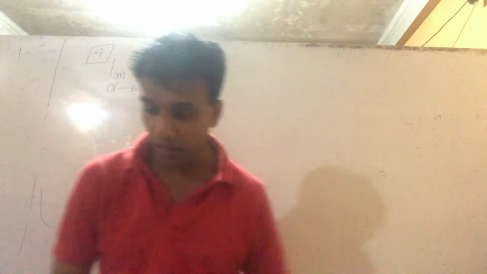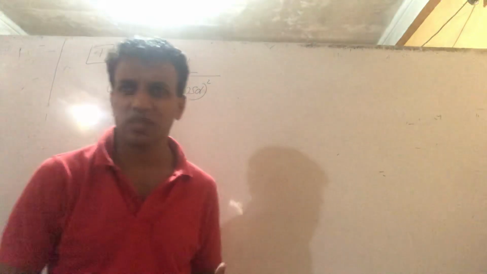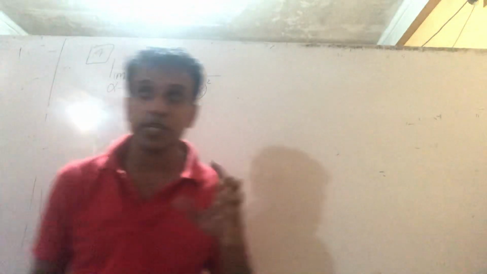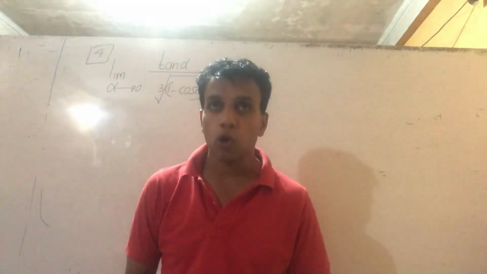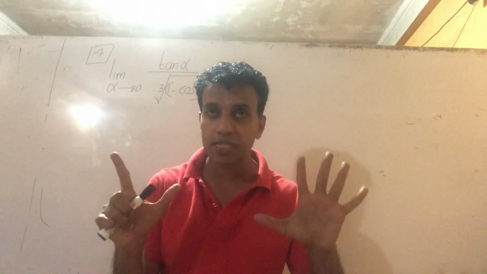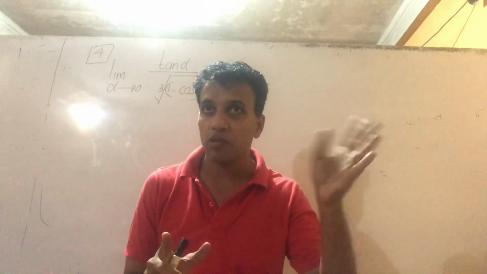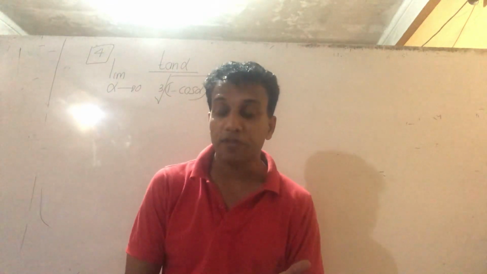Some say it is difficult, some say it is out of syllabus. Okay, we'll see the idea. The answer never comes as 0 over 0, and never comes as infinity over infinity. There are 7 meaningless patterns. If you have problems in limits, watch my 4 videos I published, especially in limits revision, right?